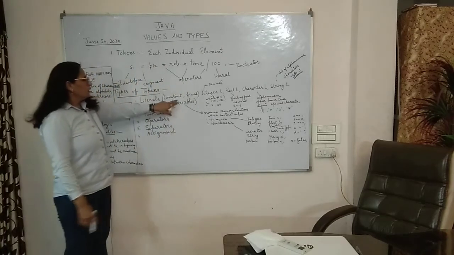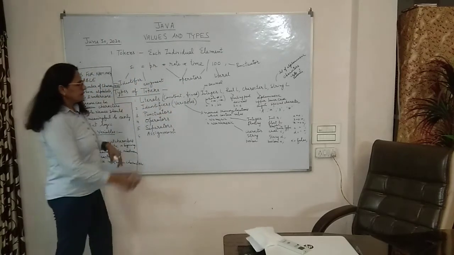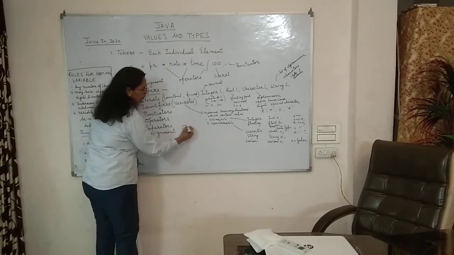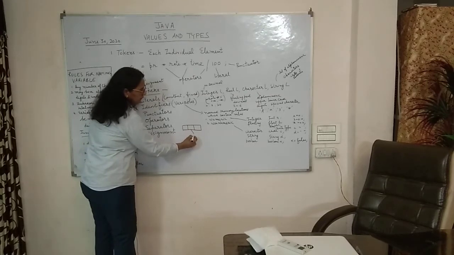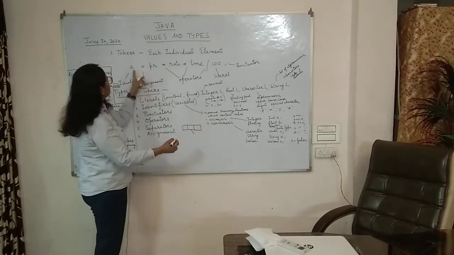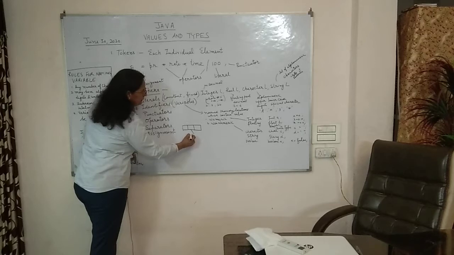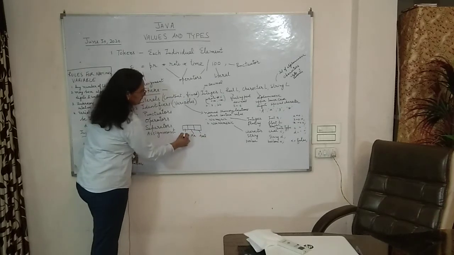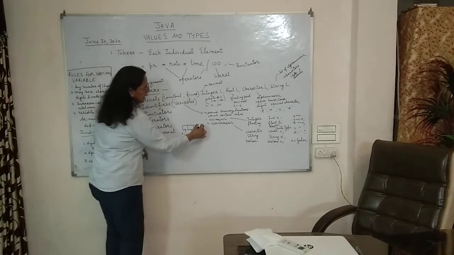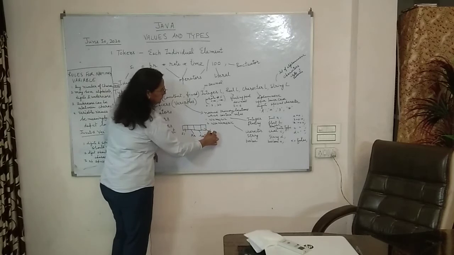Now the identifiers, you can look over here, these are the memory locations and we name them. We have named this memory location as PR, this as rate, this as simple interest, and this as time.